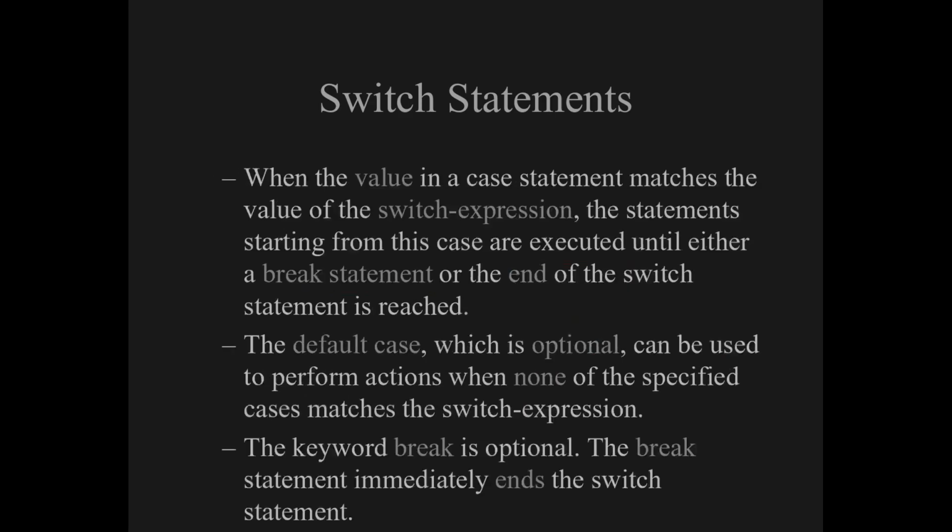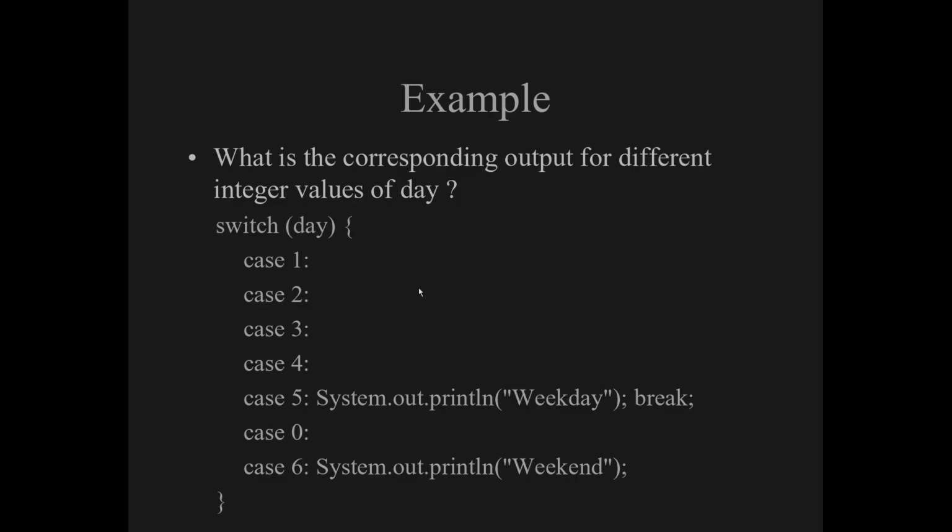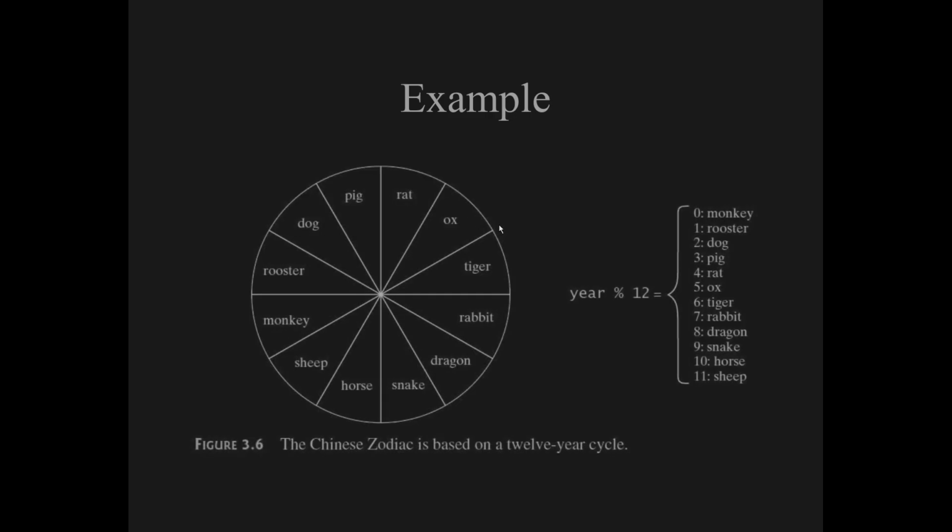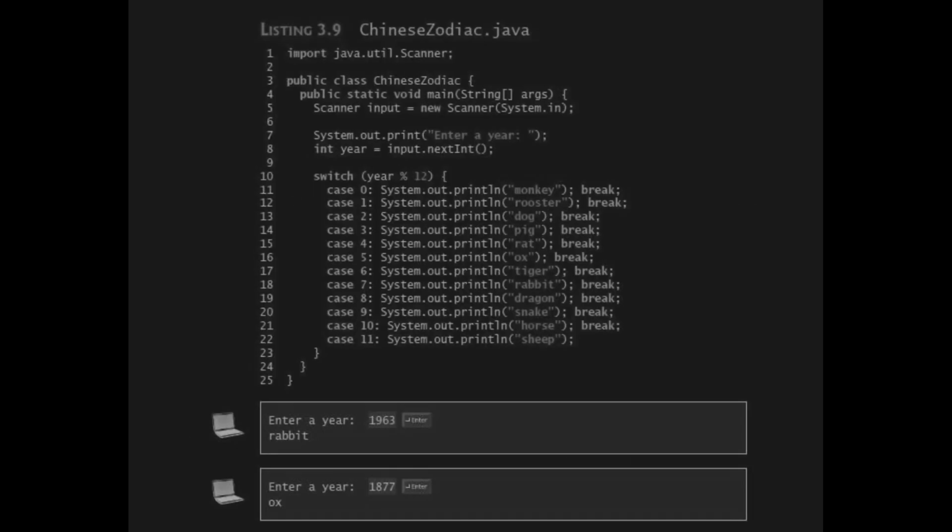And if the value in the switch statement is not one of the cases, then you go to the default case. It's optional, by the way. So if you don't want it, when there are no matching values, it just skips past. Right. Here's an example.